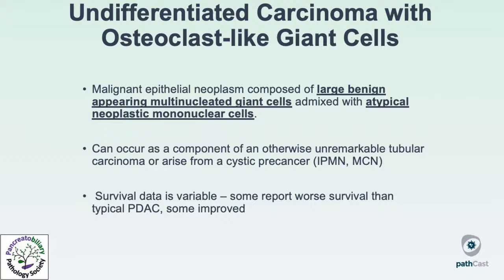These can occur as a component of an otherwise unremarkable tubular carcinoma, or they can arise from a cystic precancer, most commonly MCN, or you can have pure undifferentiated carcinoma with osteoclast-like giant cells. The survival data of these is quite variable. There have been reports of a worse survival than typical PDAC, and there have been reports of improved survival. So I think there's still a lack of clarity on the prognostic impact of an undifferentiated carcinoma with osteoclast-like giant cells.